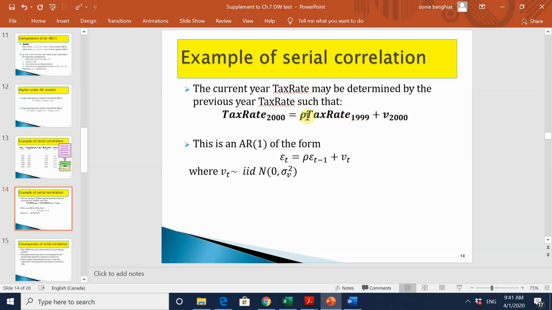So this is the correlation coefficient right here that is multiplied by the tax rate of the previous year, plus of course the error component right here at time t, so in this case at t equals 2000, the year 2000 for this example. And of course, we call this new error term nu. Okay, so that is the form that it takes on, coming from this first order serial correlation model.